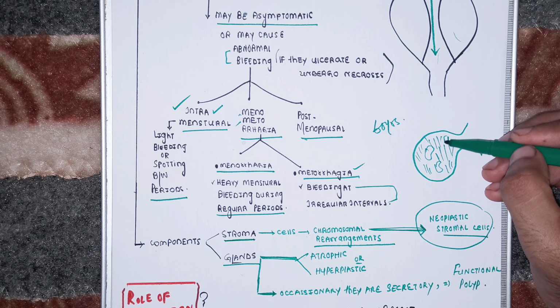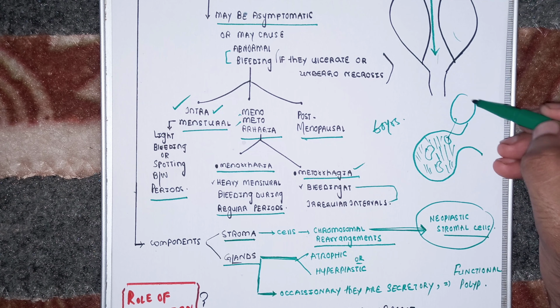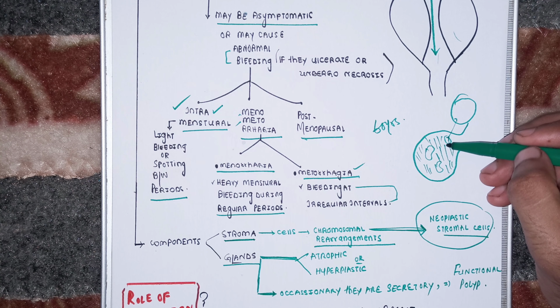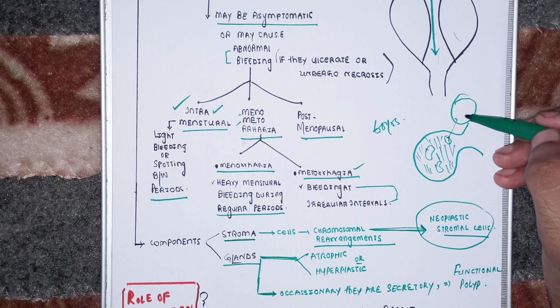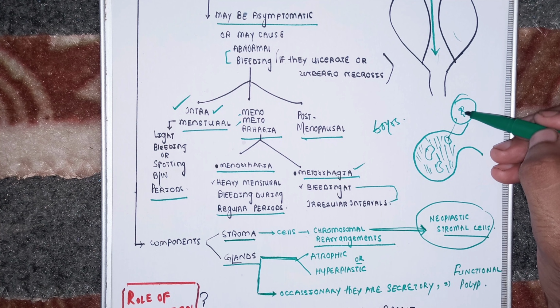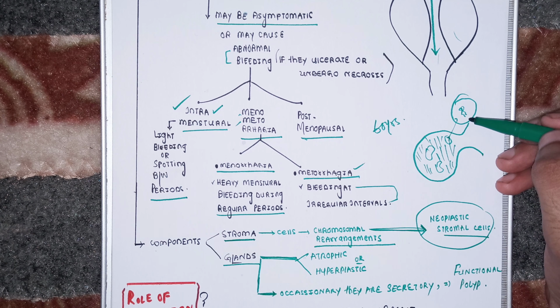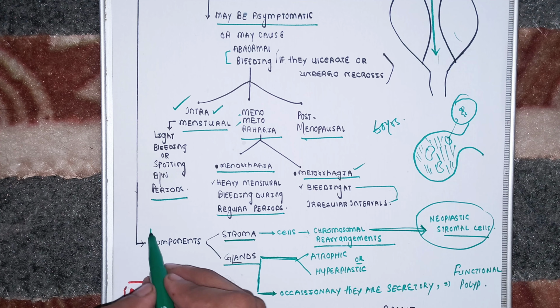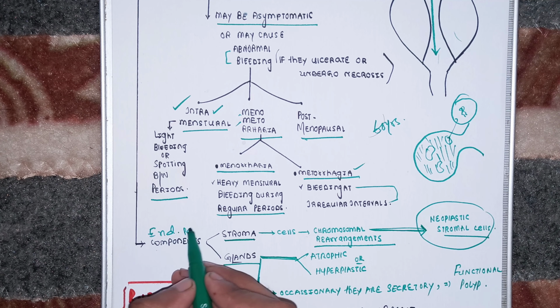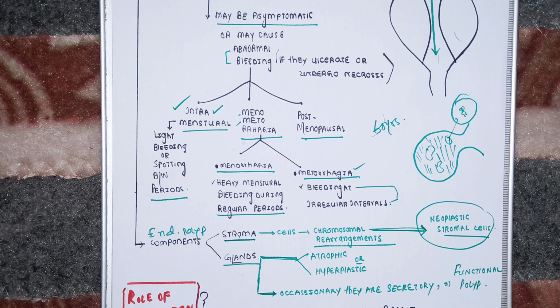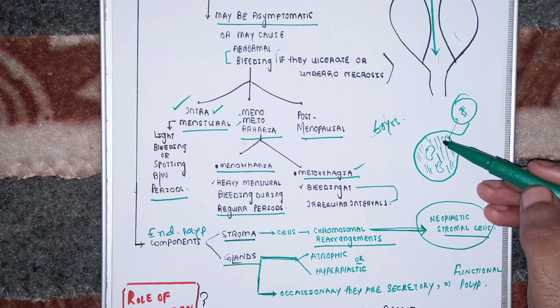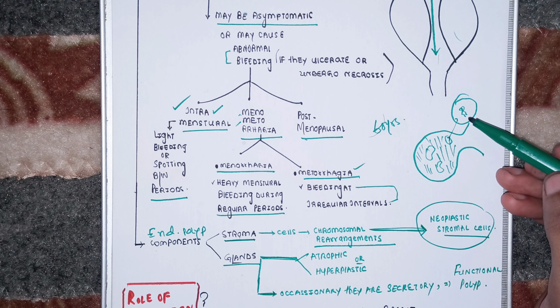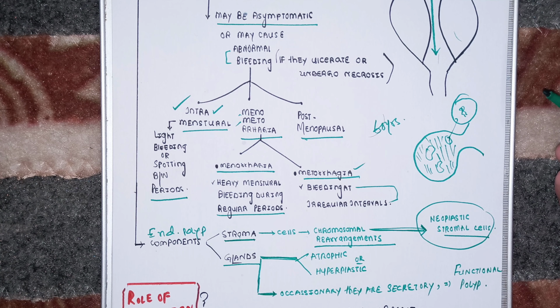If I take one stromal cell out, there will be chromosomal rearrangement, and this is suggestive of neoplastic change. In endometrial polyp there are two components, stroma and glands. The stromal cells show chromosomal rearrangement. Because of this we call these cells neoplastic, because there are mutations in them.